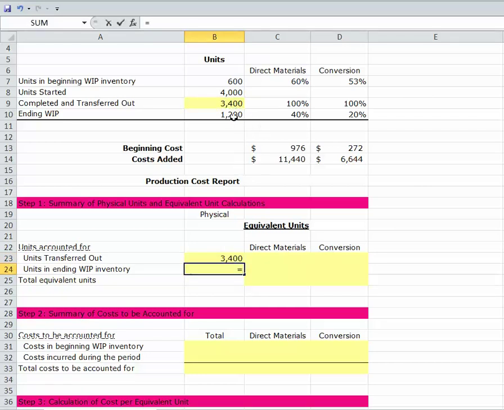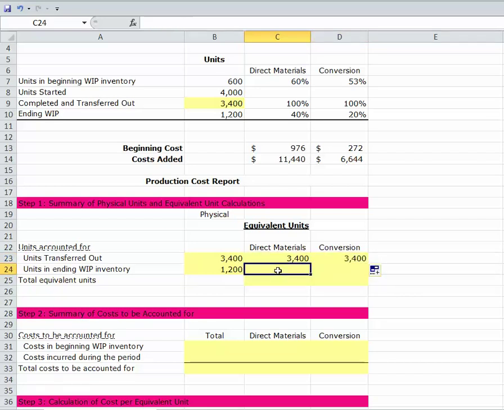Ending work in process is 1,200 units. And again, as we can see up here, whenever we transfer units out, they are always 100% complete. So 3,400 times our 100% complete. There's our equivalent units for the units transferred out.